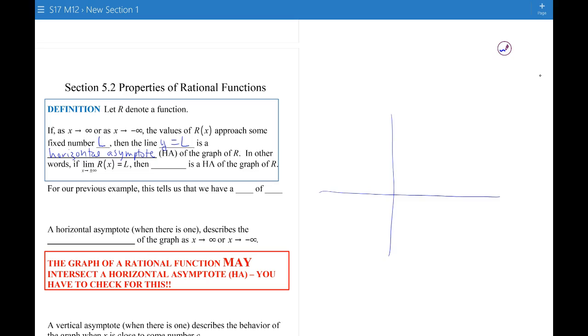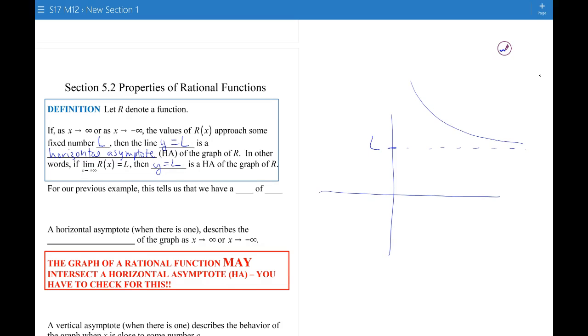So if as x gets very large, the graph is approaching some number capital L on the y-axis, then y equals L is a horizontal asymptote of the graph.